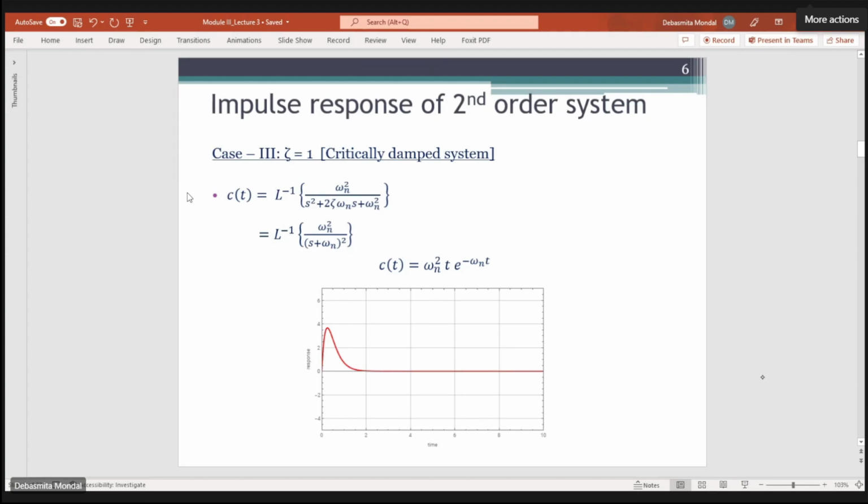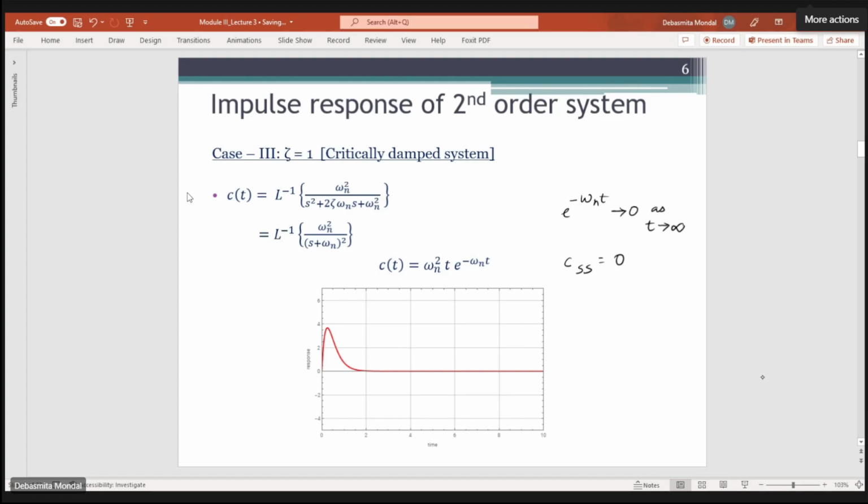So the steady state here is C_SS equals 0, because this e to the power minus omega n t term is going to 0 as t tends to infinity. So that means this is the transient response, and the steady state response is equal to 0.